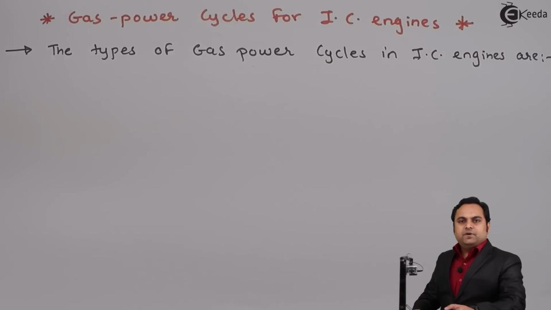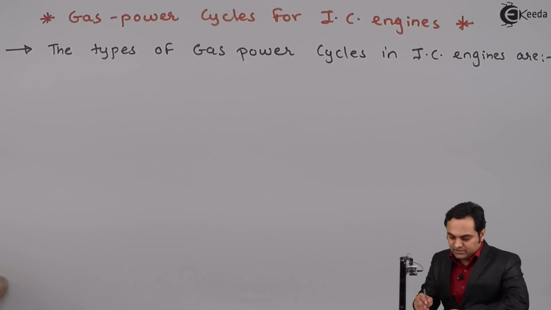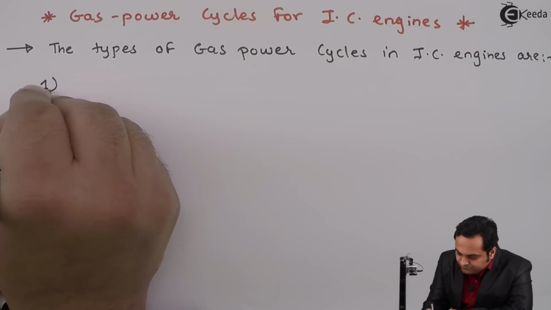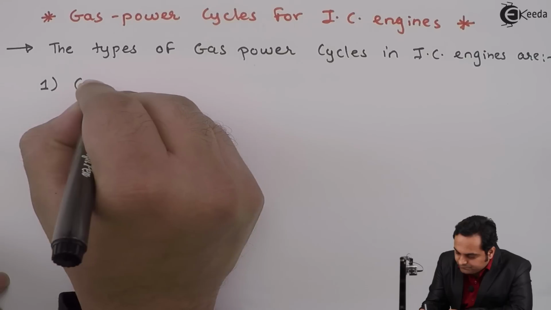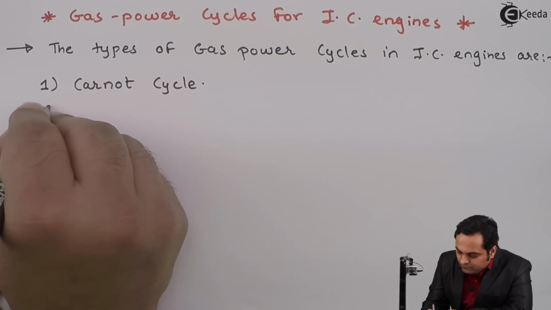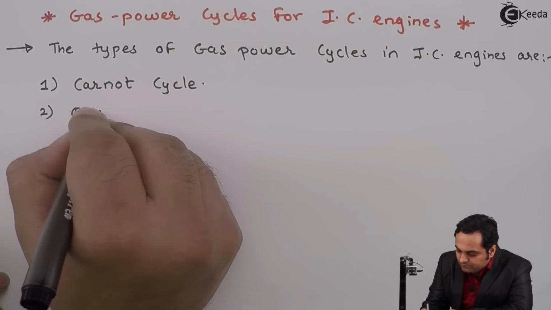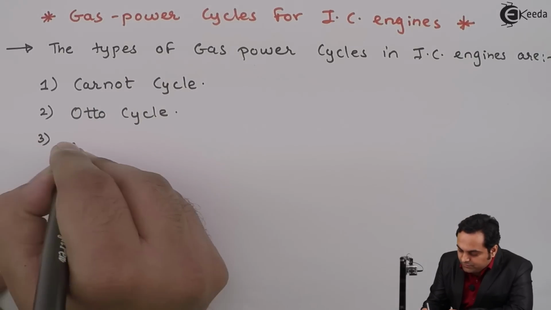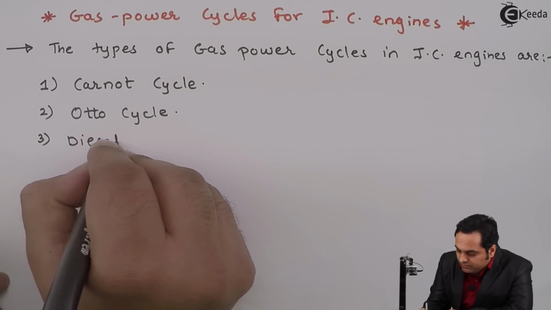The types of gas power cycles in IC engines are: the first type of cycle, it is Carnot cycle. Second, Otto cycle. Third, diesel cycle.